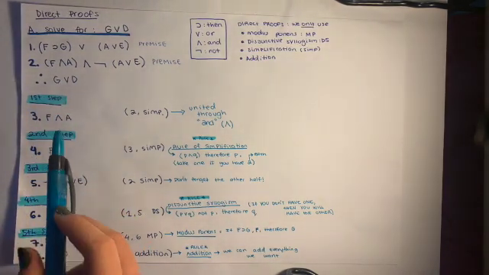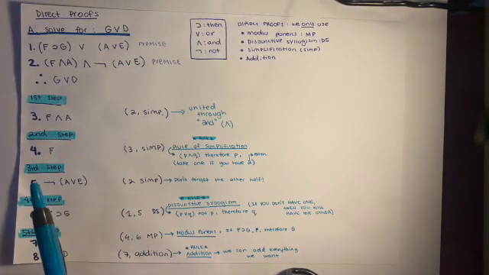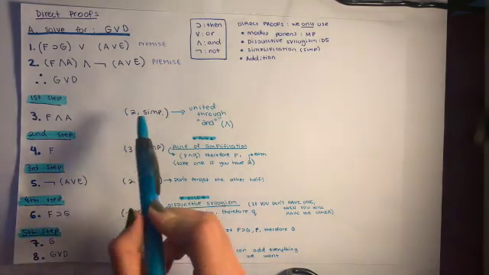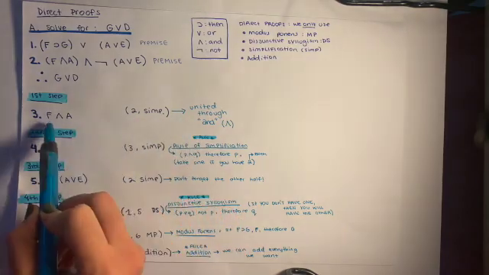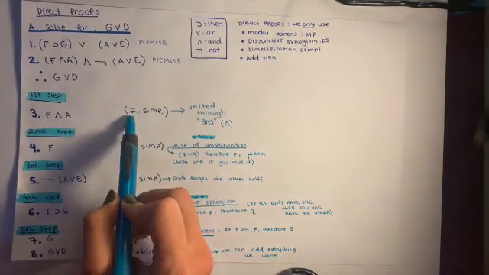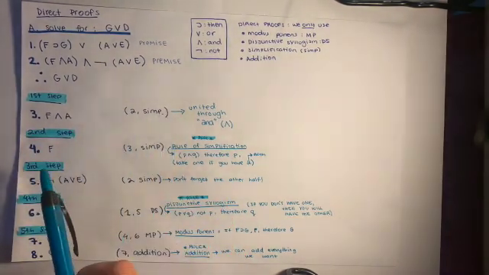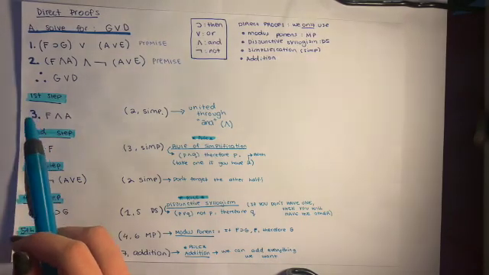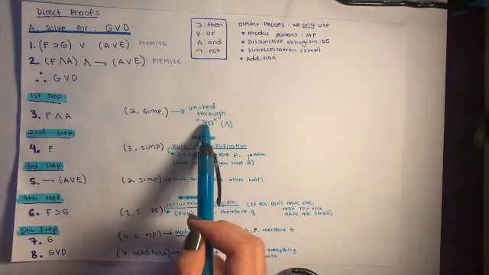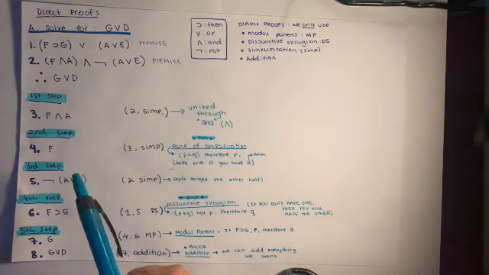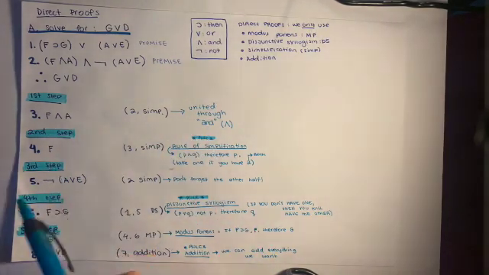So the first step to solve this, we take F and A from line 2 through simplification. If you have F, then you will also have A because they are united through AND. The second step is to simplify further.